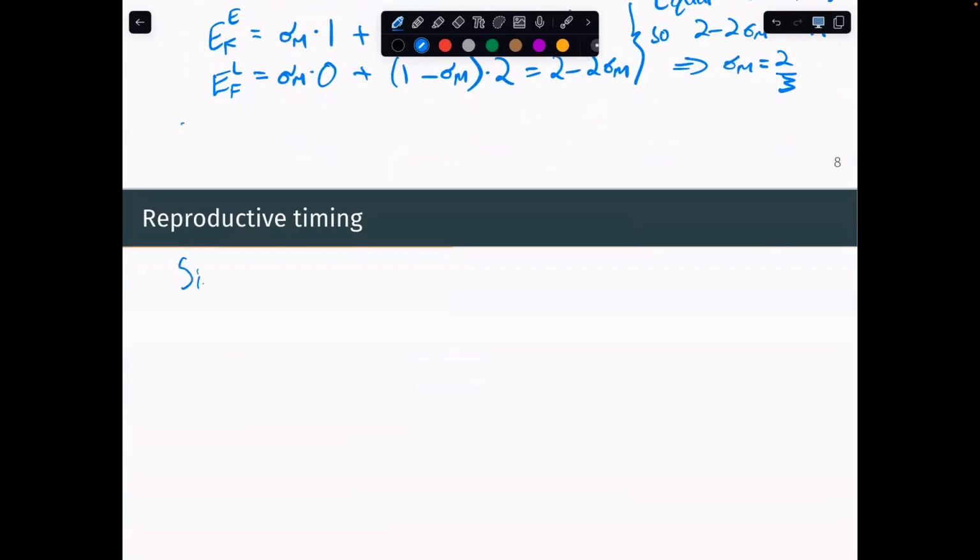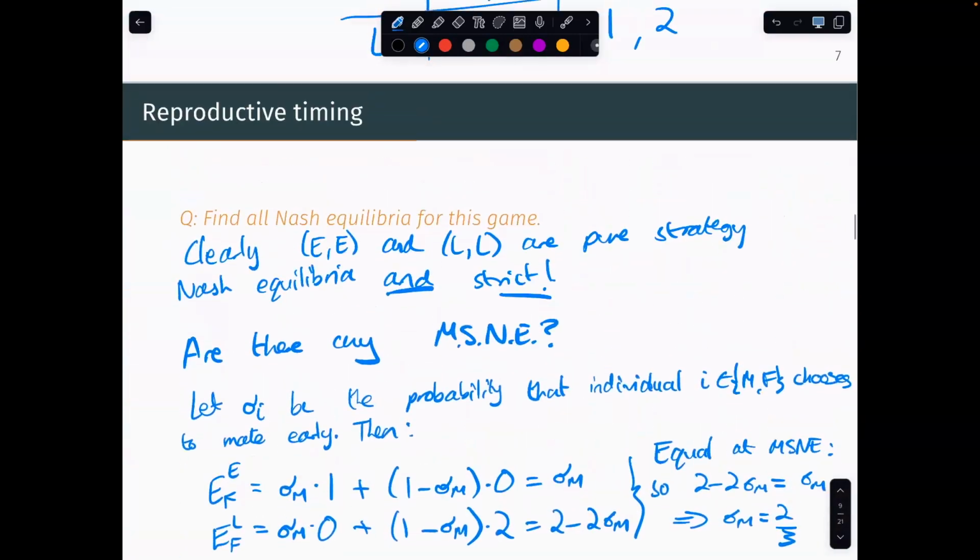Down here, similarly, if we think about our expected payoff for males when they mate early or late, this is going to be equal to the probability that females mate early, sigma F, times the payoff in each of these scenarios.